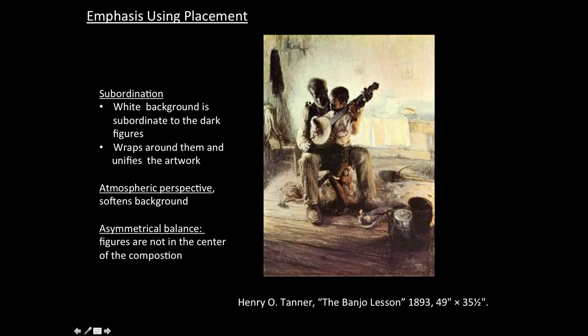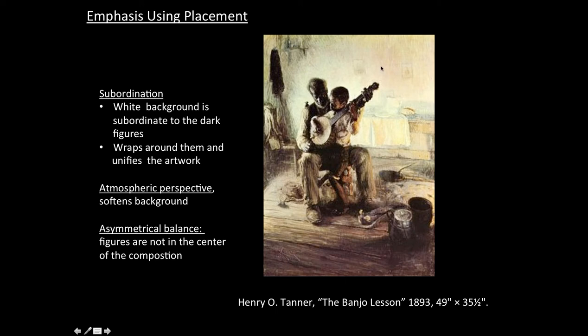composition. Here we have an older gentleman teaching a young boy how to play the banjo. Dark figures, kind of centered, maybe not so much, and we have these dark objects over here. But then in the background, we have this very, very light background with just a single dark object here, light coming in from a window over here.